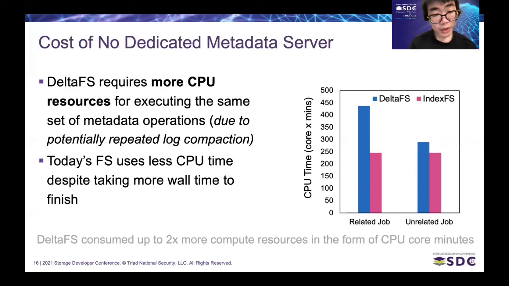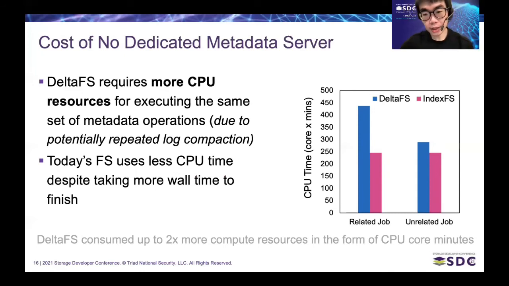In DeltaFS, because each job needs to do this individually, some portion of the work is repeated across the clients. So overall, if we look at an entire workflow across different workflow stages, DeltaFS will consume more compute resources.